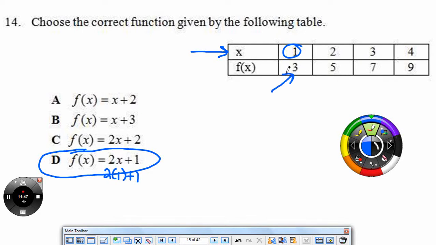Just think of these as y values, x and y. So you can see that would work, and then it has to work for the whole data table. So 2 times 2 is 4, plus the 1 gives you 5, so it works for that one. 2 times 3 plus the 1 gives you 7, so it works for all of them.